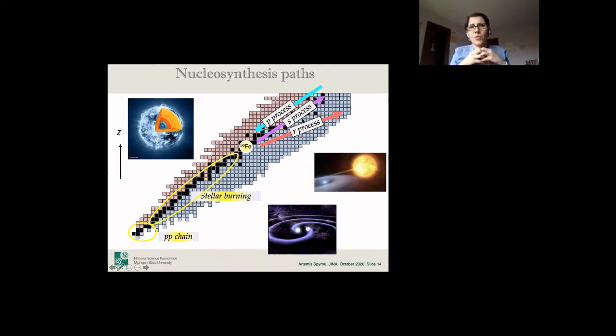During an explosion, when the shock front of the star goes through these various layers of the star, it could excite nuclei and start shooting out protons and neutrons, and you can go through this p-process.